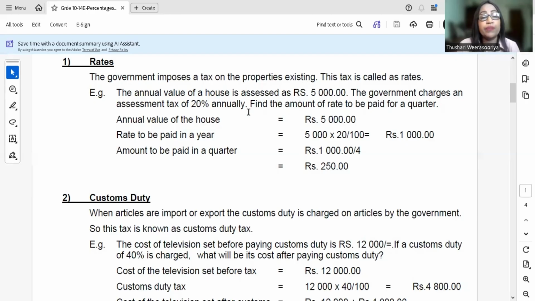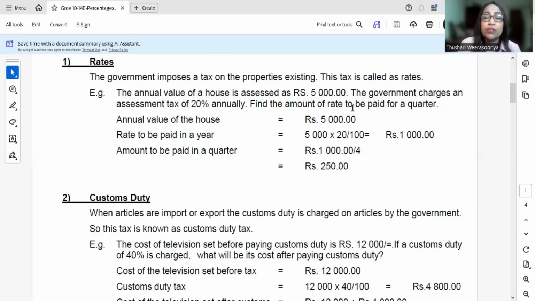Now look at this example. The annual value of a house is assessed. They have assessed the value of this house as 5,000 for a year, right? According to certain conditions, right? Now, if you have a big house, the annual value is big.